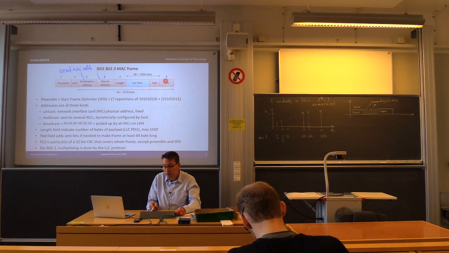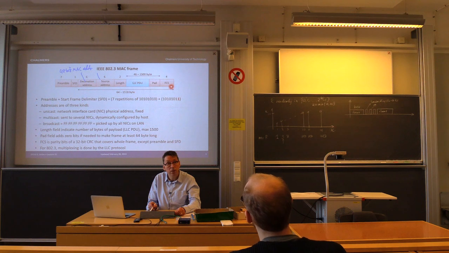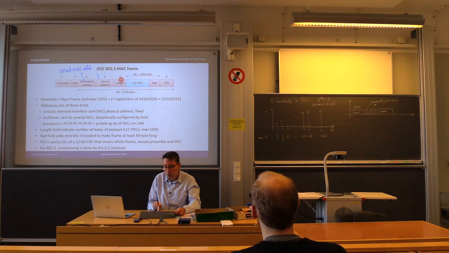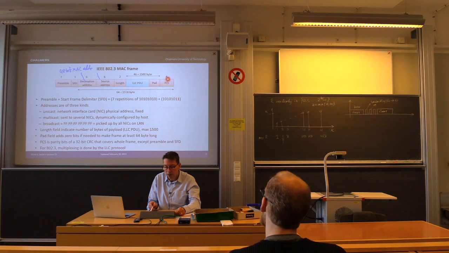And then at the end there are 4 bytes of a CRC. Okay. And then if we count here, we have 6 plus 6 plus 2 plus 4, that's 18 bytes. And we need everything to be 64. So the minimum we can have this field be is 46 bytes. Now an LLC PDU can be maybe just 8 bytes long.